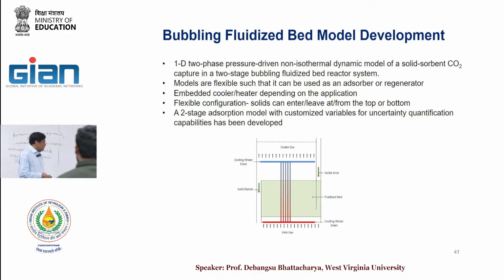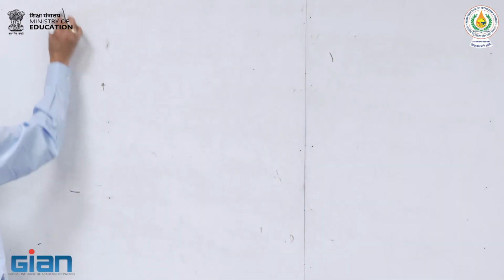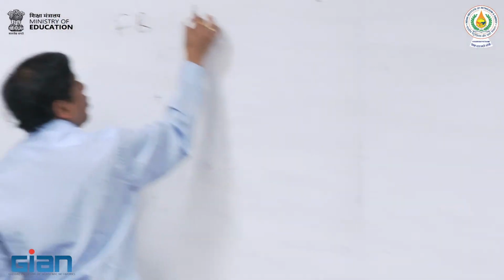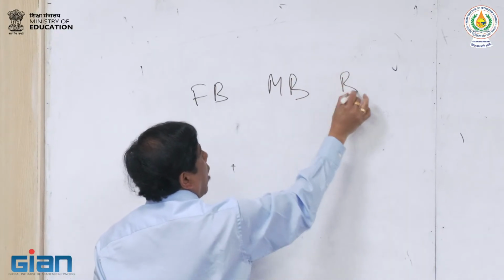If you are heat transfer limited and not mass transfer limited, then bubbling fluidized beds will be an excellent option to look into. Remember once again, each type of bed gives you some advantages. So, moving bed, which we talked about.